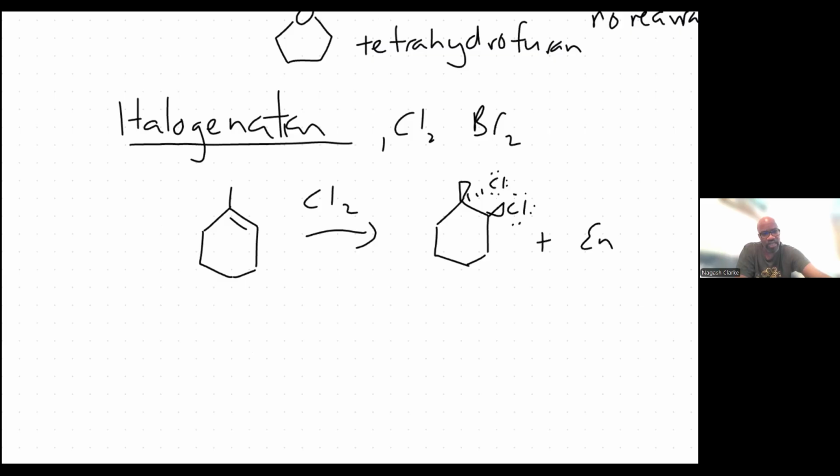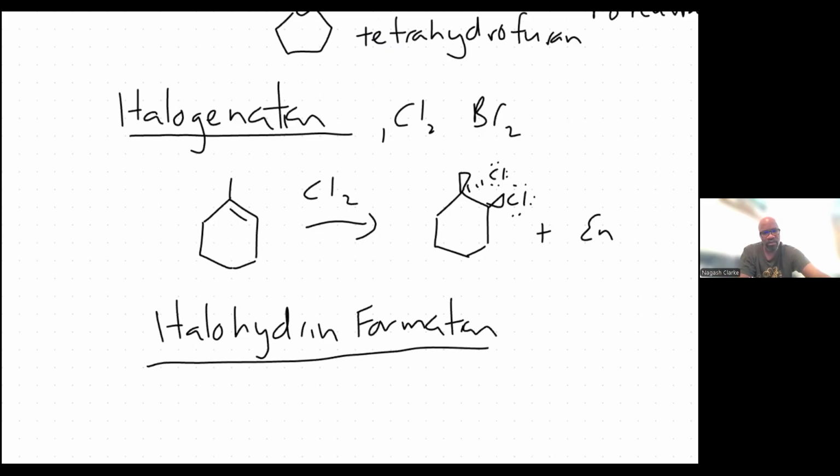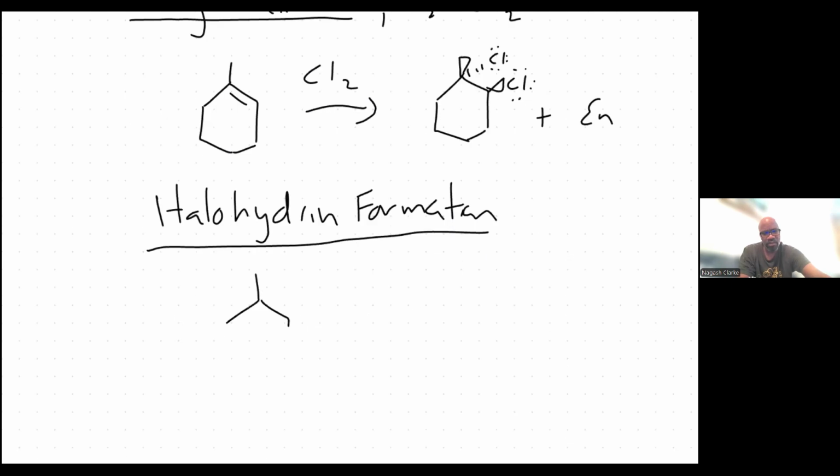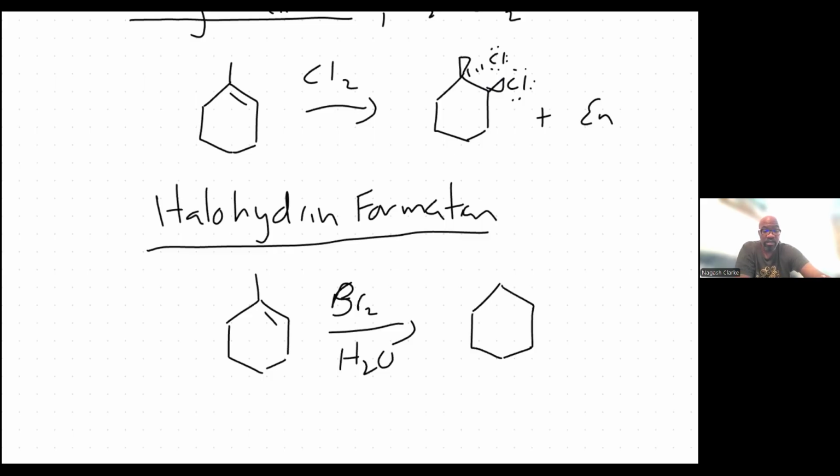Now, a related reaction is the halohydrin formation. Let's use the same molecule. I'm going to use Br2 this time, and I'm going to use H2O as a reagent, as well as a solvent.